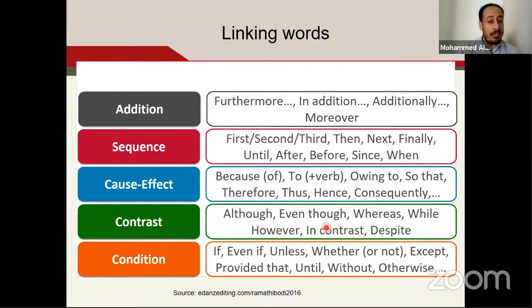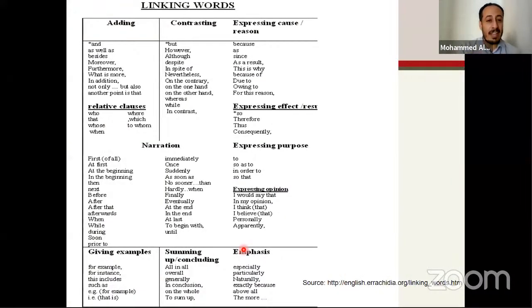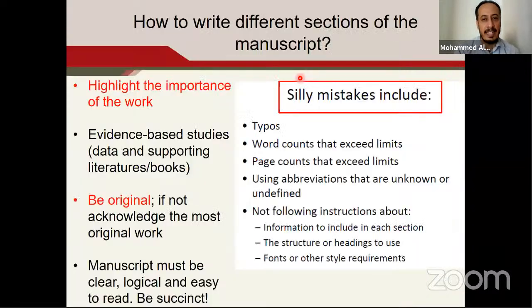For contrast, not just "in contrast," but although, however, whereas, while. If you search the literature, there are different alternative linking words. It's important, otherwise when we read articles that don't really use linking words, it's kind of boring.